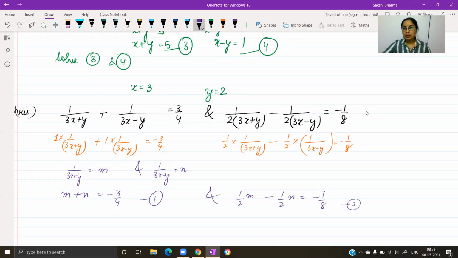Now you may simplify these as such or take LCM and then obtain m and n.